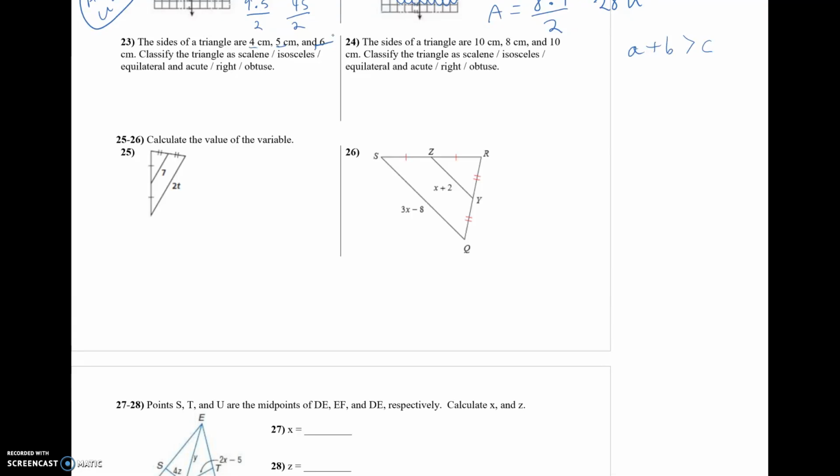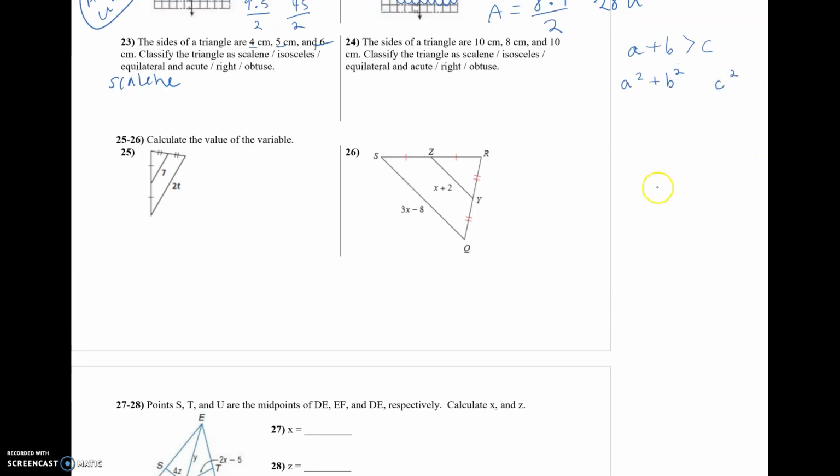So now we're asked to classify these as scalene, isosceles, equilateral, and acute, right, or obtuse. Well, first of all, if all 3 sides are different, that makes it scalene. But if I want to classify it as acute, right, or obtuse, I have to consider how a squared plus b squared compares to c squared.